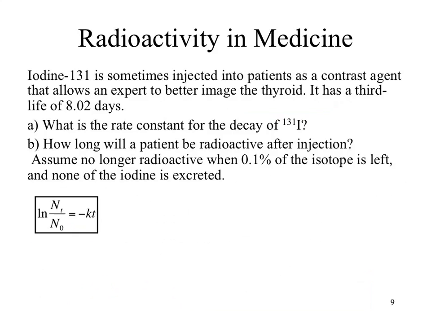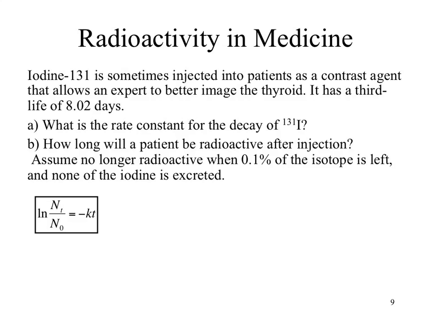So going through and solving this, what information are we given? We know the third life. I don't know how much of this I stepped through, but what would we write down as a notation for a third life? Third life represents what kind of thing? I know it's kind of an odd statement.